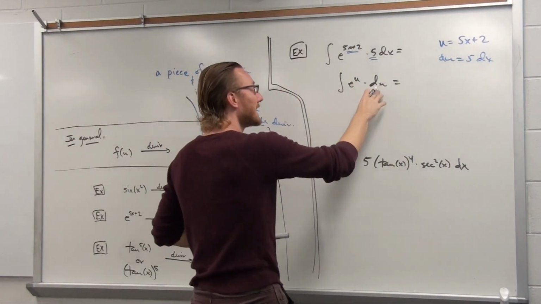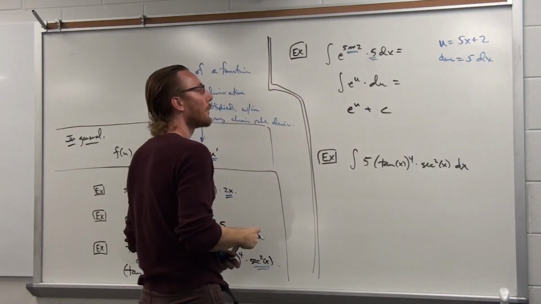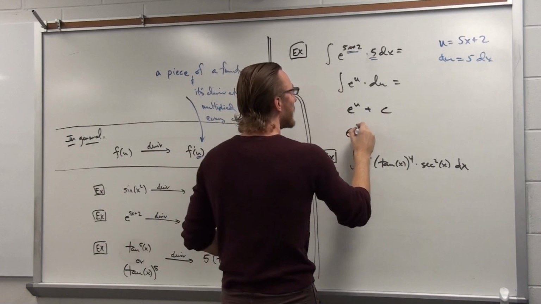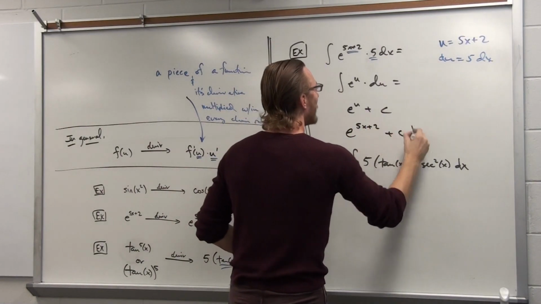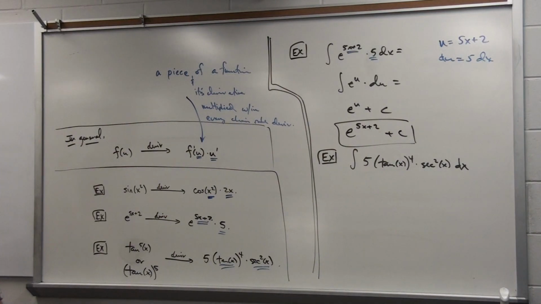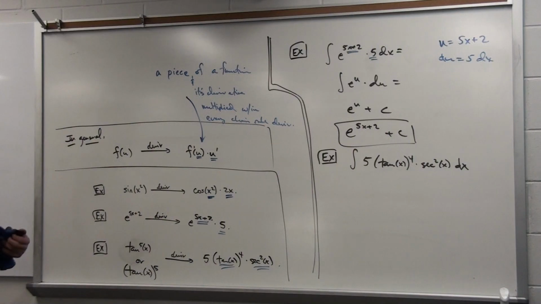Well, e to a letter d of that letter is just e to the u plus c. But we don't want to leave it in this form because the original problem was in terms of x, so we substitute back in, problem solved. Precisely what we were expecting, frankly.